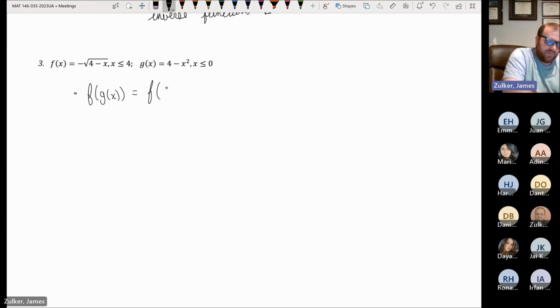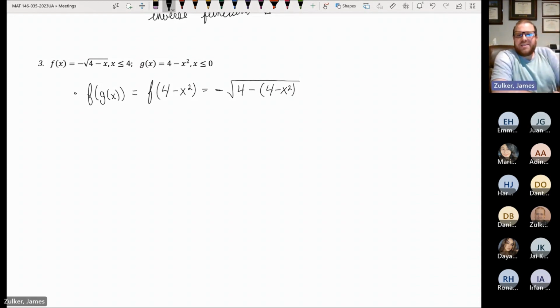Right, that's f of 4 minus x squared, right? Replace the x in f with 4 minus x squared. 4 minus 4 is 0. We are left with negative square root of x squared.